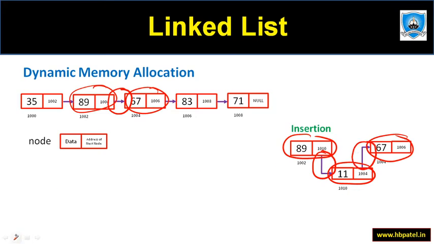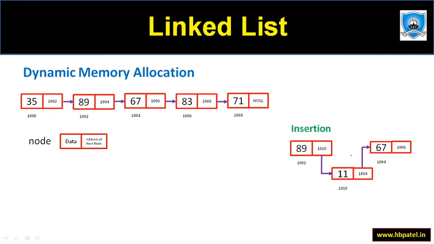So just by setting 2 pointers, you can see that the complete insertion is made, and all the other nodes, like these nodes and this node, I do not need to touch, because insertion requires just setting up a couple of pointers.